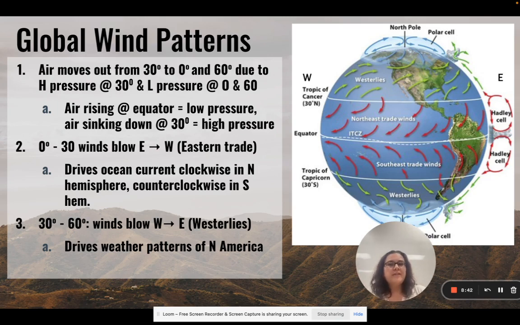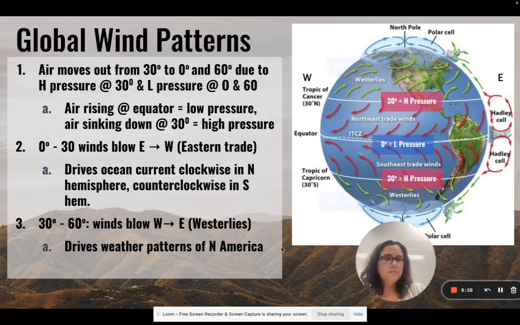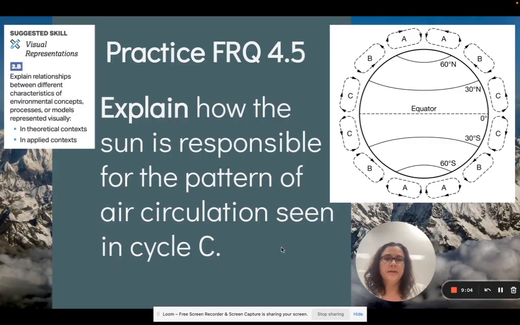So this is what's driving a lot of weather patterns in North America, right? If you think about where our weather comes from, it's coming typically across the country over to us. Those are because of those westerlies. And again, we'll get into a little bit more in class about how that works. I've got some good demos for you. Okay. And again, we've got our highs and low pressures. You should have this diagrammed in your notes pretty well to help you out there.